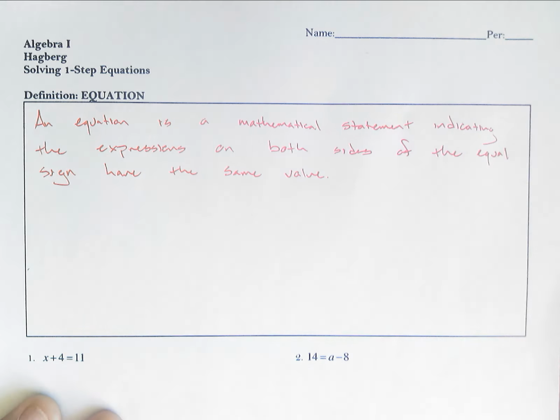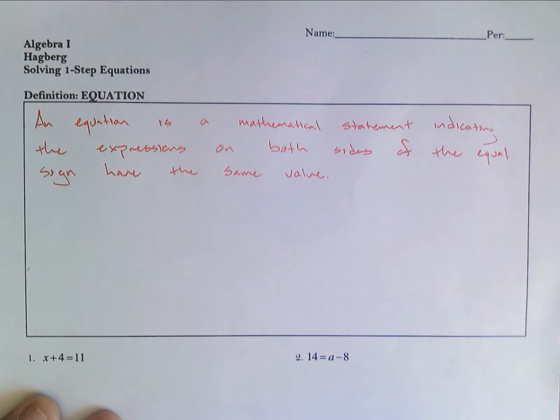Or in other words, that they are equivalent. Okay, so the definition for an equation is a mathematical statement indicating the expressions on both sides of the equal sign have the same value.